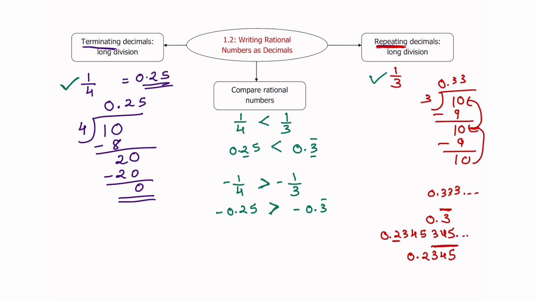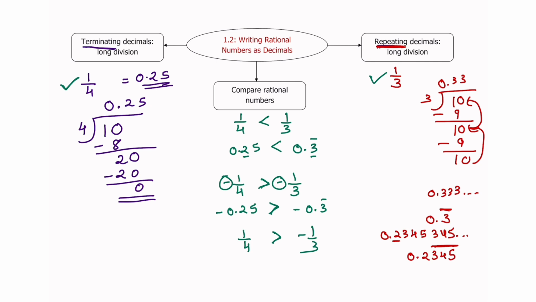Remember, the positive and negative sign associated with the numbers makes a huge difference, so you have to be very careful in looking for this sign. If you had missed this negative sign, you could have written it the other way and that would be wrong. So looking for the sign is very important. We will say minus 1 over 4 is greater than minus 1 over 3. But obviously a positive number is always bigger than a negative number.